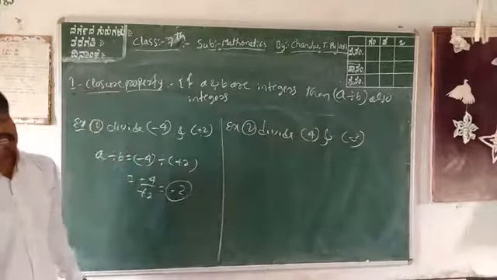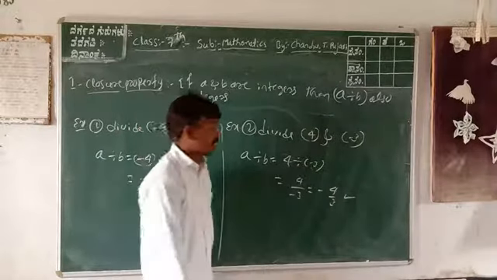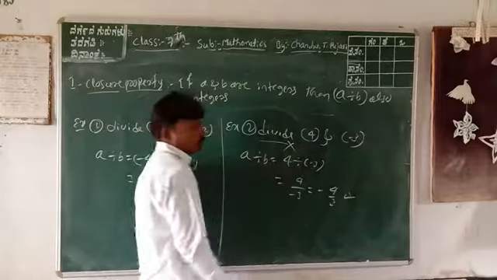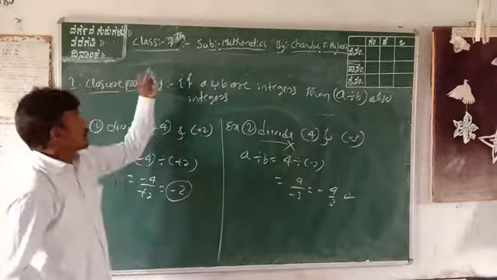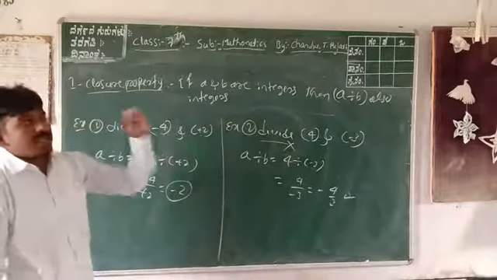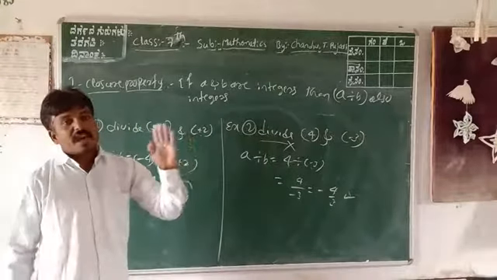Therefore, a divided by b is equal to 4 divided by minus 3, which is equal to minus 4 by 3. But minus 4 by 3 is not an integer. This is a rational number. This is not an integer. Therefore, this closure property does not hold. Got it? In division, the property does not hold.